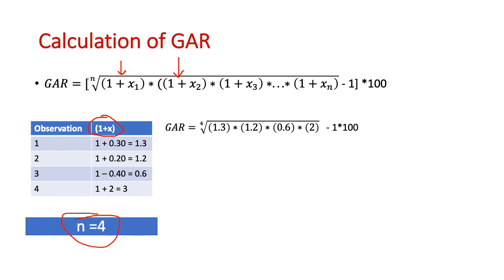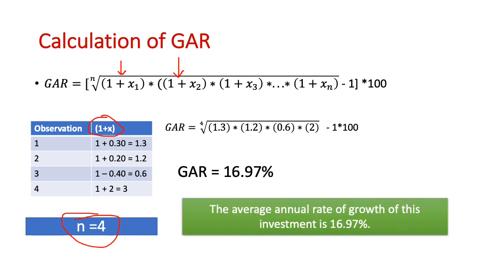We have the fourth root of 1.3 times 1.2 times 0.6 times 3. Once we find that value, we subtract 1 and multiply by 100. Here we have a result of 16.97%. This says the average annual rate of growth of this investment is 16.97%.